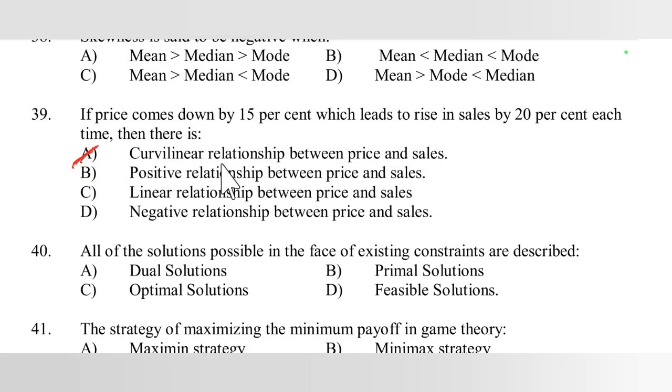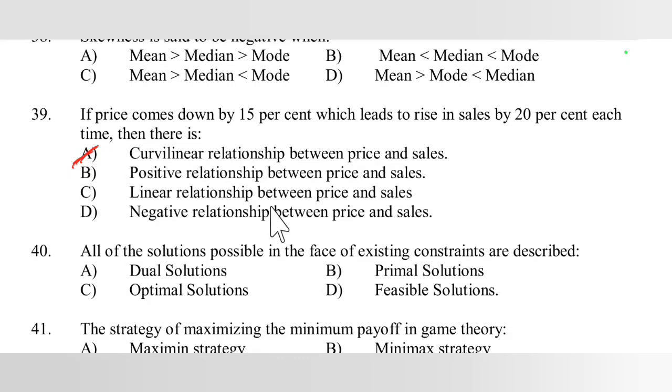So it is called a curvilinear relationship between price and sales. The second one is positive relation, and the third one, option D, is negative relation. Positive and negative are too simple, as they imply a direct and inverse relationship.